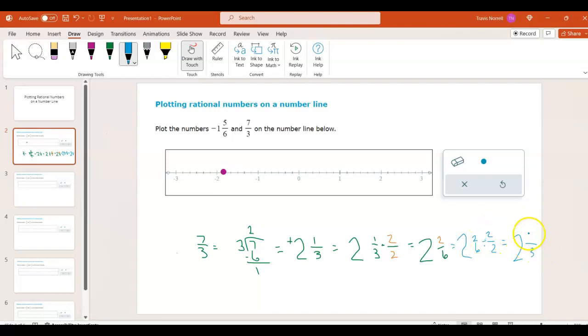So 2 divided by 2 is 1. So you can see again that we can change 2 2/6 back to 2 1/3.